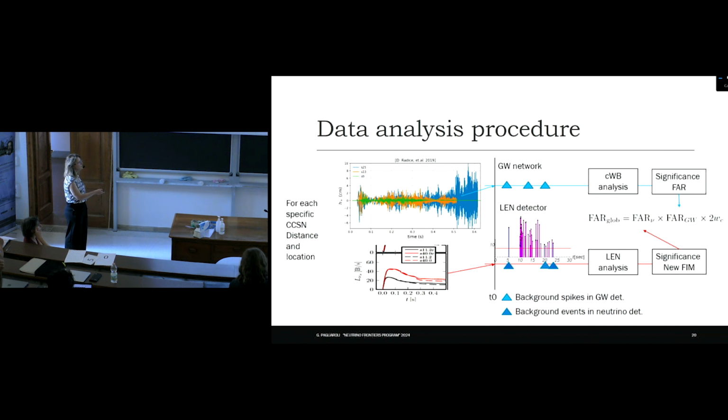Then you do the same for the neutrino sector, and you have a trigger of neutrino data with their significance. And then you combine, looking for temporal coincidence within 10 seconds. Of course, you also have background in all the detectors.